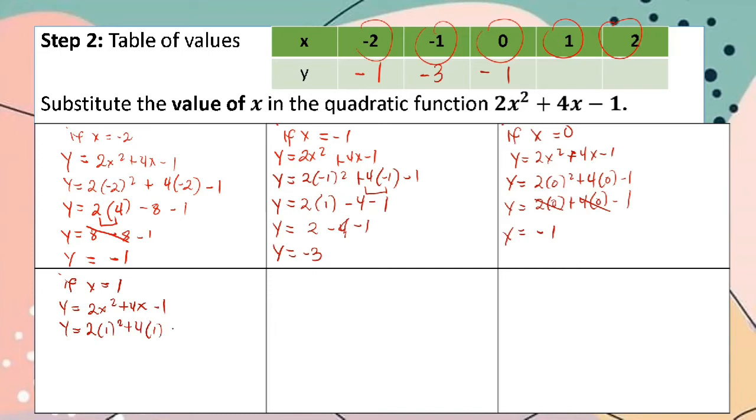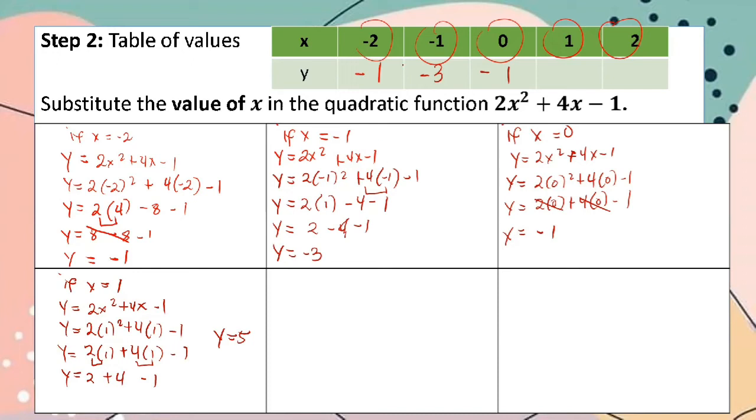Simplify, y is equal to 2 times 1 because 1 squared is 1, and then plus 4 times 1 minus 1. Then simplify again. 2 times 1 is 2. Then positive 4 times 1 is positive 4 minus 1. And then the answer is positive 5. Y is equal to positive 5 if x is equal to positive 1. So, 5 yung sagot natin dito.